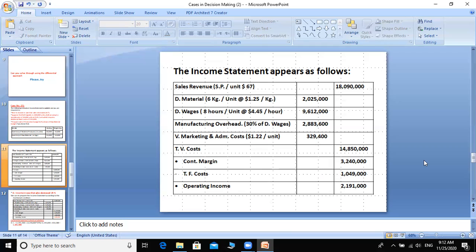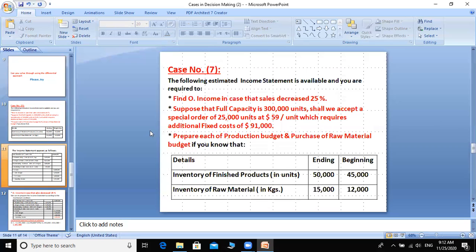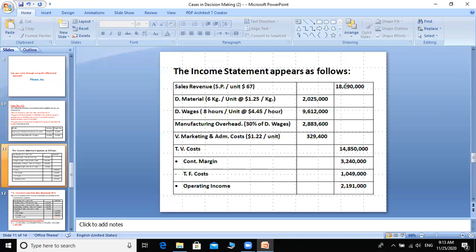The first question: if we decrease sales by 25%, what will be the operating income? As you see, find operating income in case sales decrease 25%. Decreasing sales by 25% means decreasing all the variable cost items by 25%, so decreasing the total variable cost by the same percentage, which means decreasing the contribution margin by 25%.